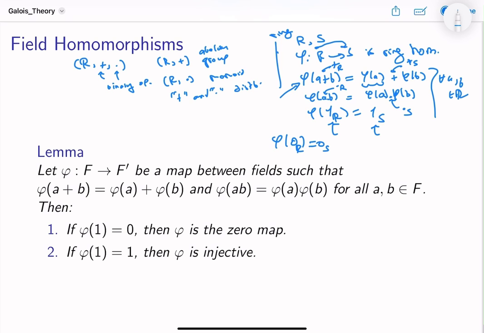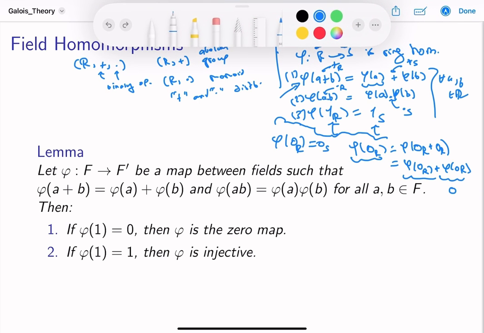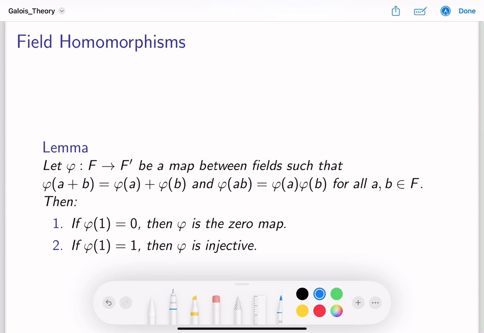As a side note, to see this, notice that phi of 0_R is equal to phi of 0_R plus 0_R, which, by property number 1 of the three properties of a ring homomorphism, is phi of 0_R plus phi of 0_R. Then you add the inverses to both sides and you get that this is 0_S. These are just easy properties for you to recall.